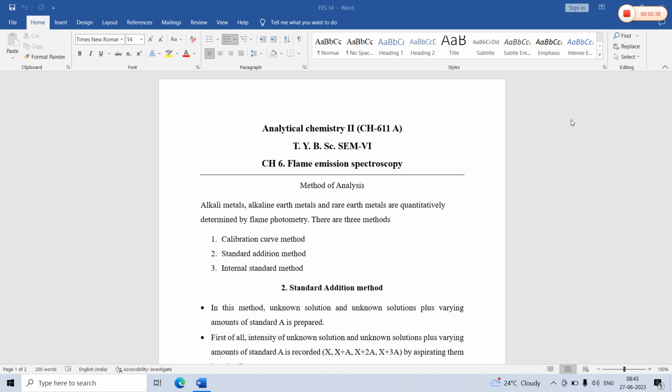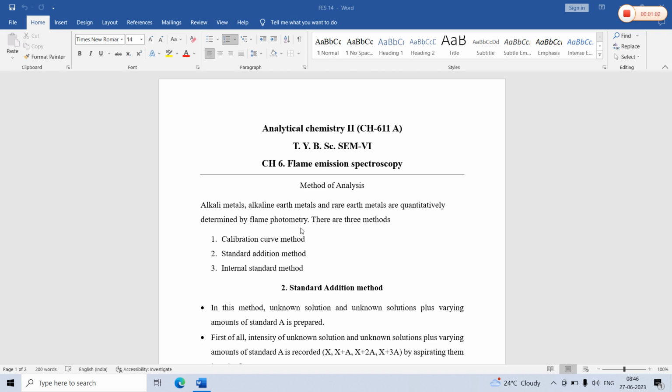Here alkali, alkaline earth metals and rare earth metals are quantitatively determined by flame photometry. Flame photometry is used for qualitative analysis and quantitative analysis. For qualitative analysis, wavelength is used.